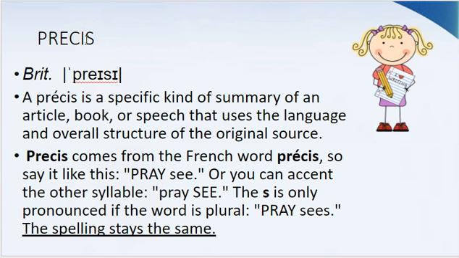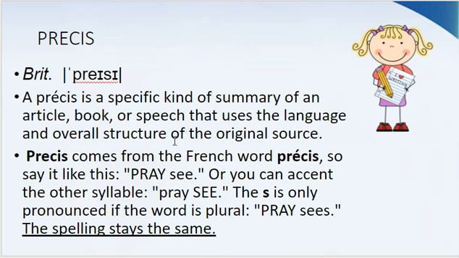The last letter S is only pronounced if the word is plural, and still the spelling is the same. I hope you could understand. Precis is a French word, so it is pronounced without pronouncing the last consonant letter S. I have written the transcription here.